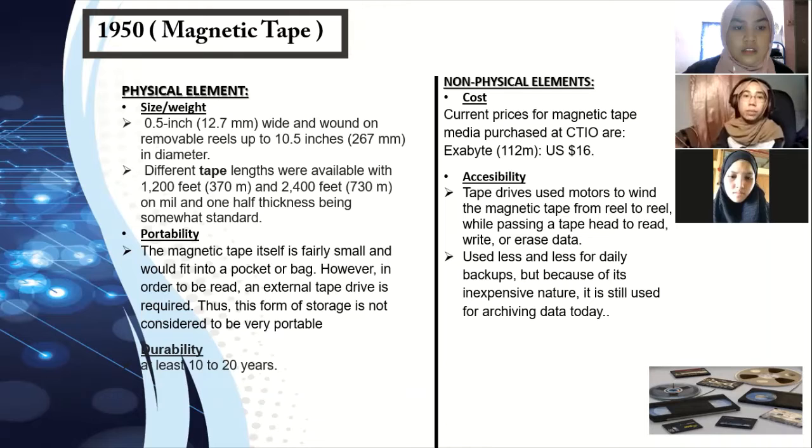For portability, the magnetic tape itself is fairly small and would fit into a pocket or bag. However, it is awkward to carry and an external tape drive is required. This form of storage is not considered to be very portable.